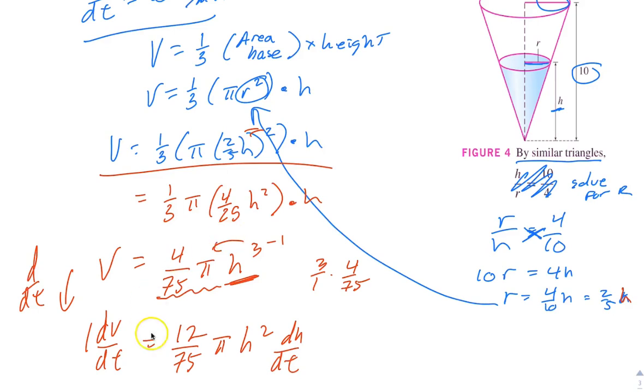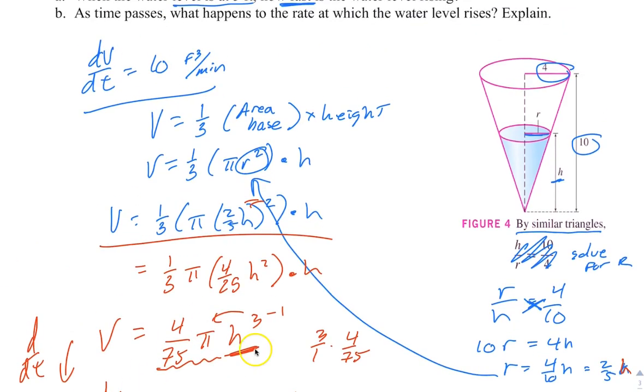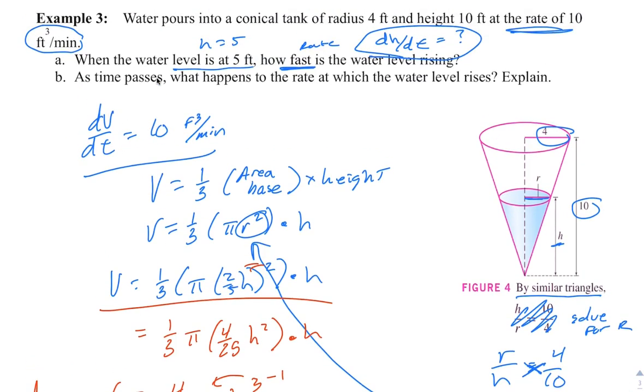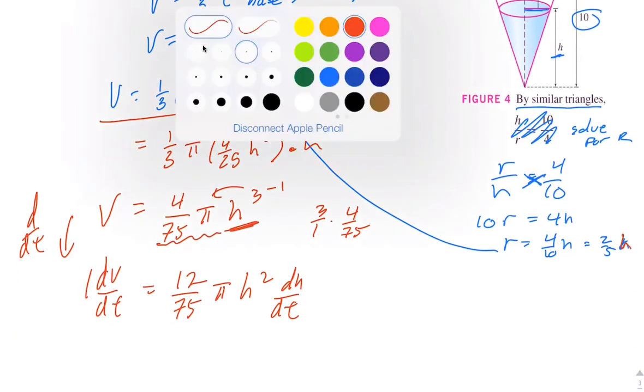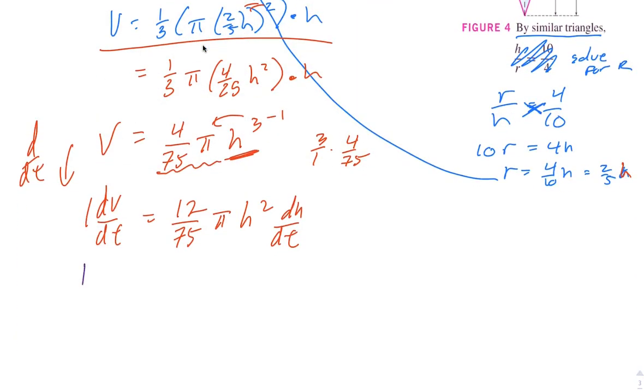Almost done. Right, now we got to plug everything in. We took our derivative, plug everything in. What do we have? I know dv dt equals 10. The rate of the volume is that. And I know I want the height to be 5. So this is 10 equals 12 over 75 pi times 5 squared dh dt.